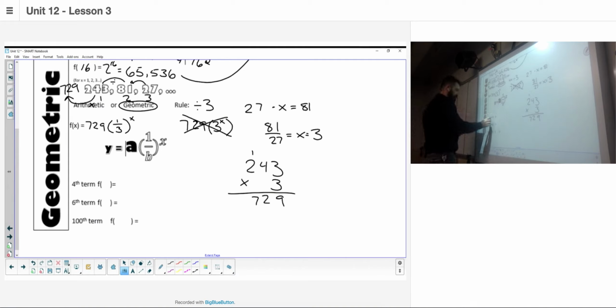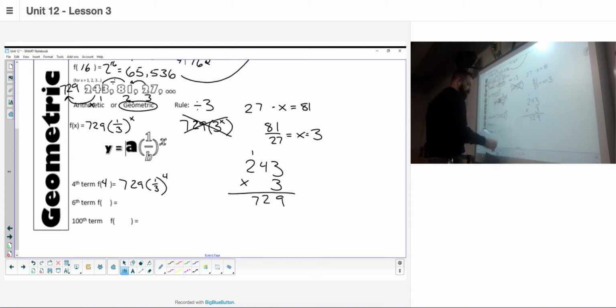Fourth term, which is f of 4. Let's put it in there. 729 times 1 over 3 to the 4th power. And this is going to be a decimal number. So what you need to do is 729 in your calculators.